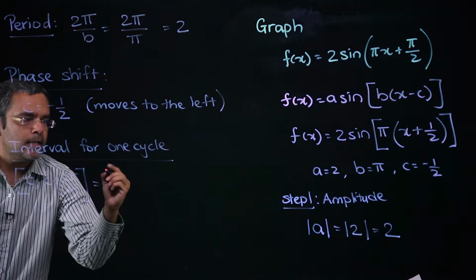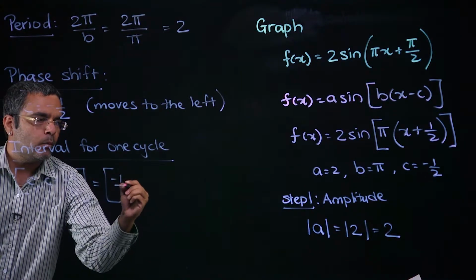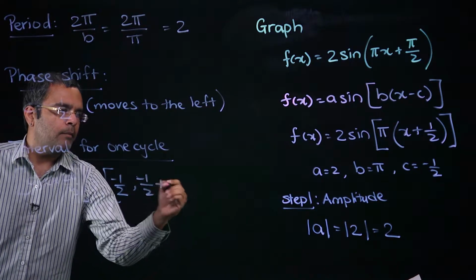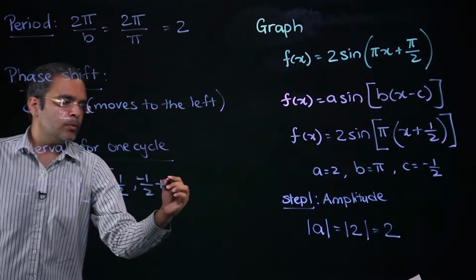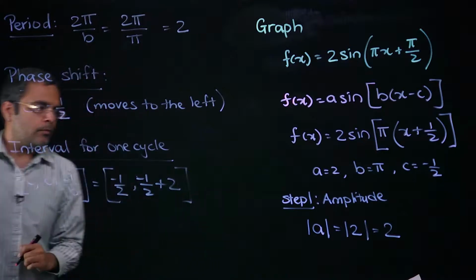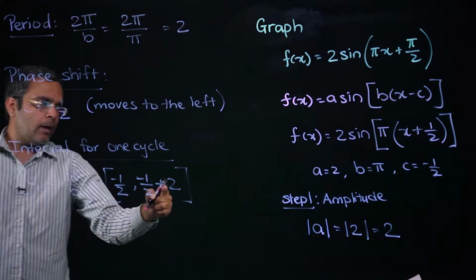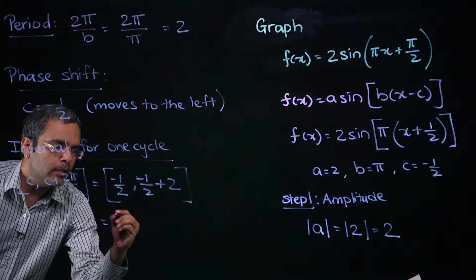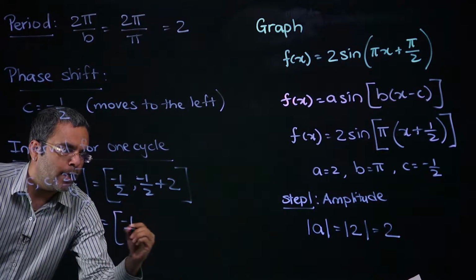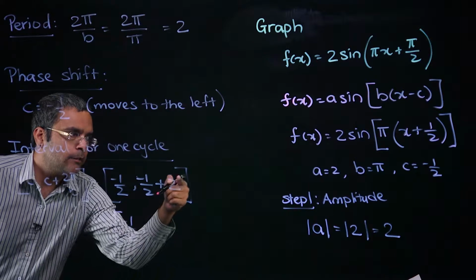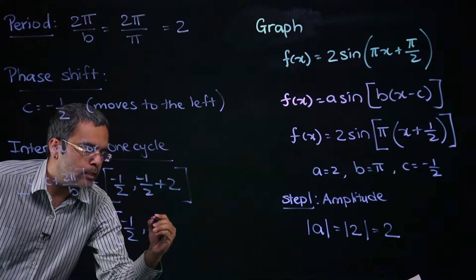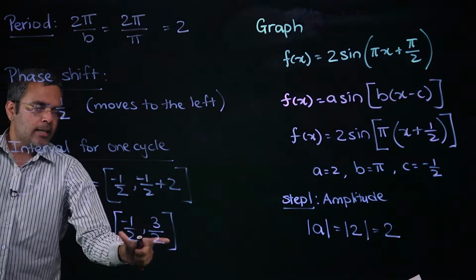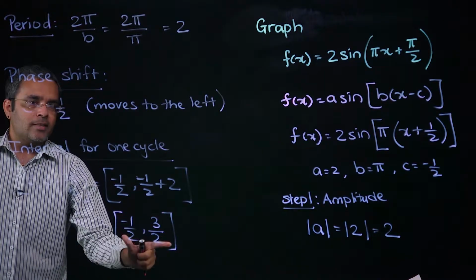For us, c is negative 1/2, so that's (-1/2, -1/2 + 2). If you take a common denominator, I can write this as 4/2, so that gives me (-1/2, 4/2 - 1/2), which is 3/2. So that now is the interval of one cycle.